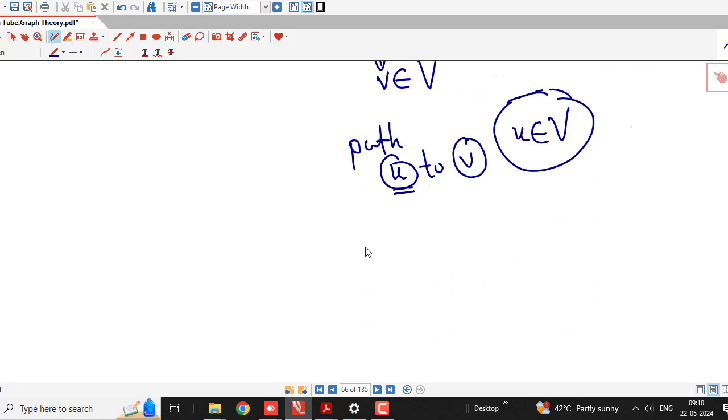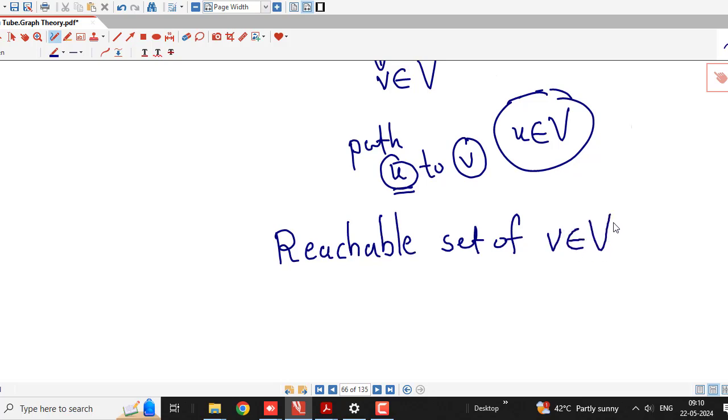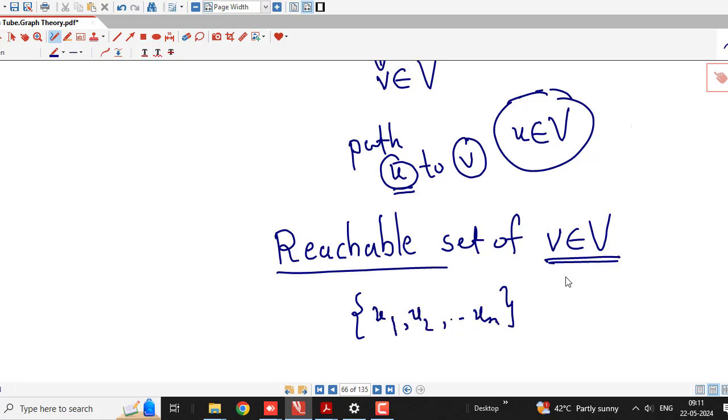Now here we are going to define the reachable set of a vertex. What is the meaning of the reachable set of node or vertex small v in the vertex set of a given graph? The reachable set of vertex v is the set of all those vertices from the vertex set which are reachable from this vertex small v.